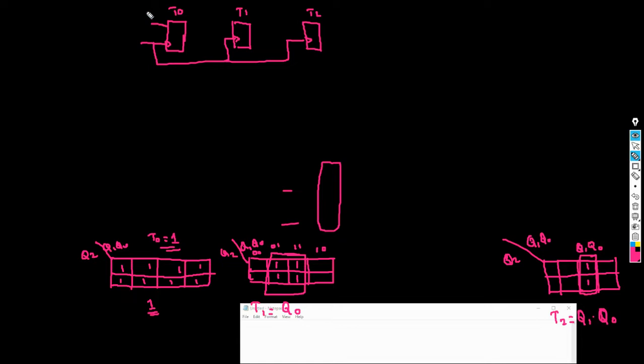T0 is going to be always connected to 1 because that is what we have derived. T1 is basically just the same as Q0, it is given to T1. And the second one, T2, is going to be the AND of Q1 and Q0. So this is how you design a mod 8 counter.